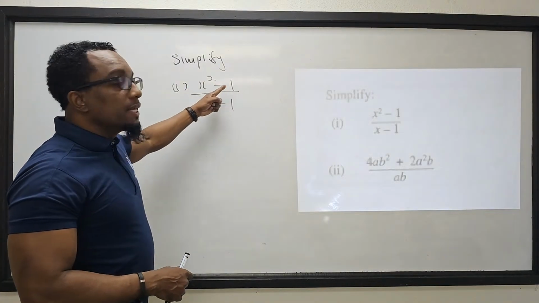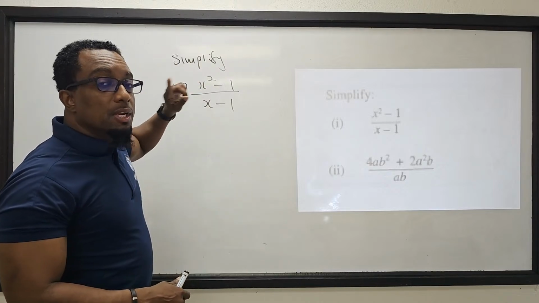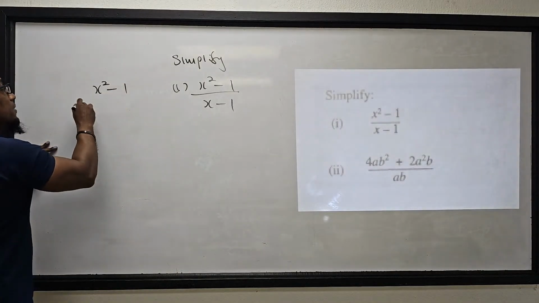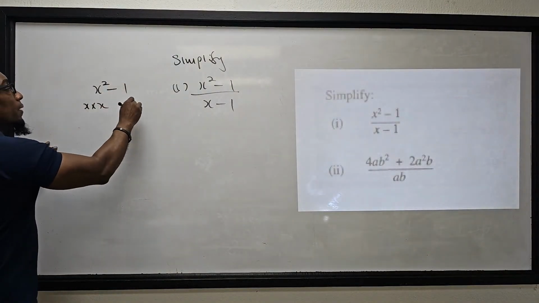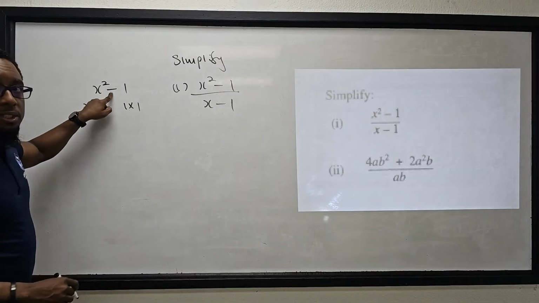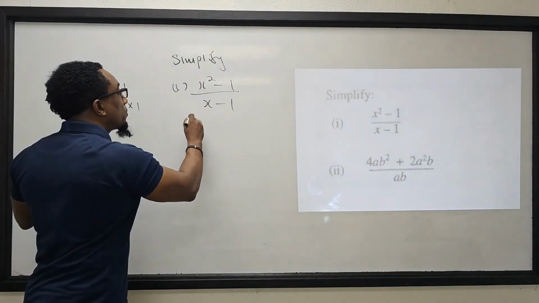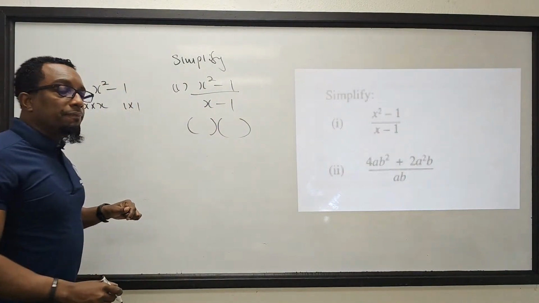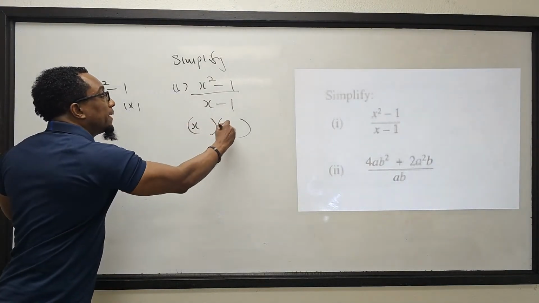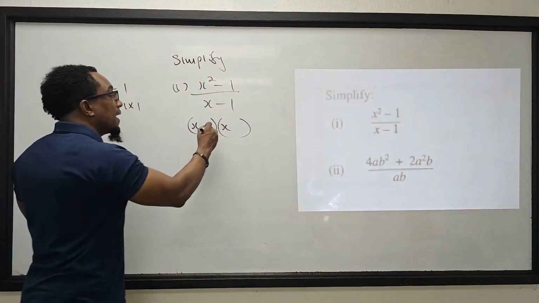So, the numerator we can factorize, and the method we're going to use here is the method of the difference of two perfect squares. X squared subtract 1 is the same as x by x, 1 by 1. Two perfect squares, the subtraction sign represents the difference. So I can represent x squared minus 1 as a product of factors. Because x squared leads, x will be placed first in each bracket, and then the factors of 1 will be written after.